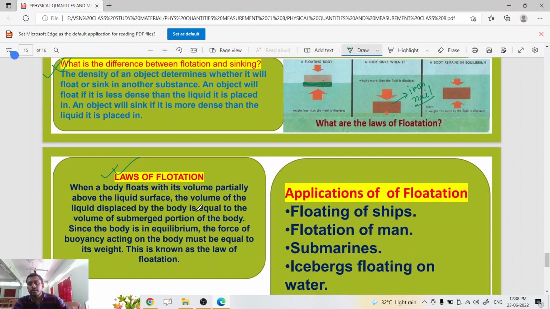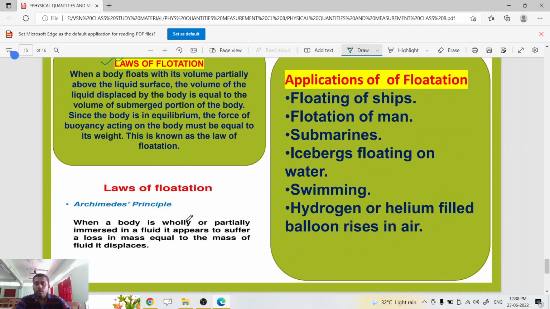Already the laws of flotation are discussed in this figure. In general, you have to remember that when we immerse a body inside a liquid, the volume of the displaced water is equal to the submerged part of the body.